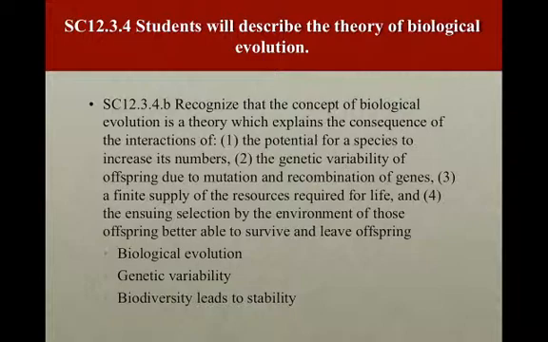Recognize the concept of biological evolution is a theory which explains all these different things. You can kind of look through it, but genetic variability, so like thinking about birds' beaks. I know you talk about birds' beaks a lot and how they are adapted for different food sources. That would be genetic variability.